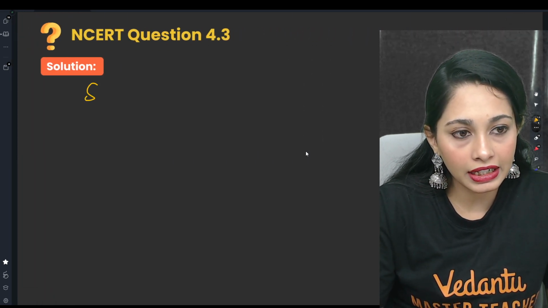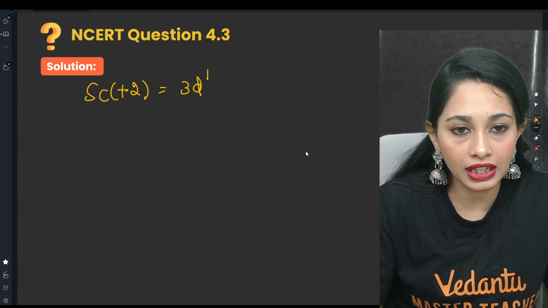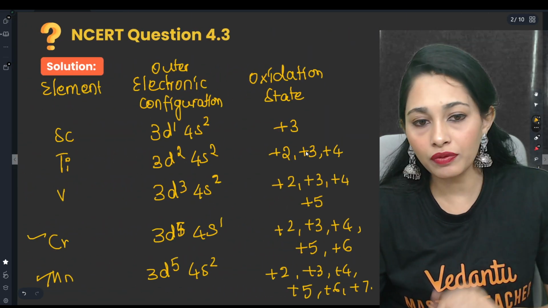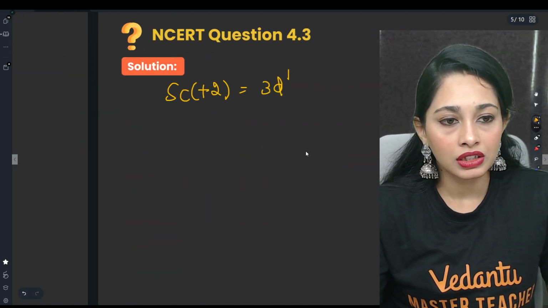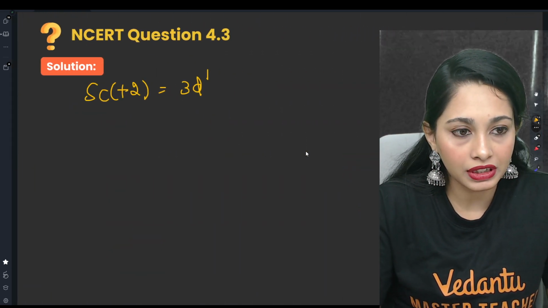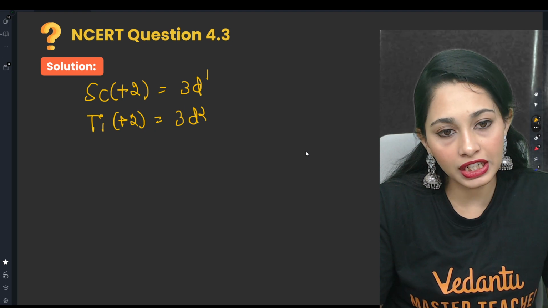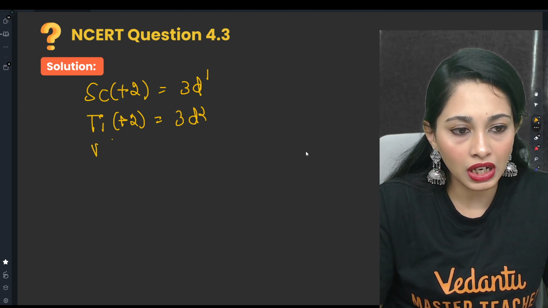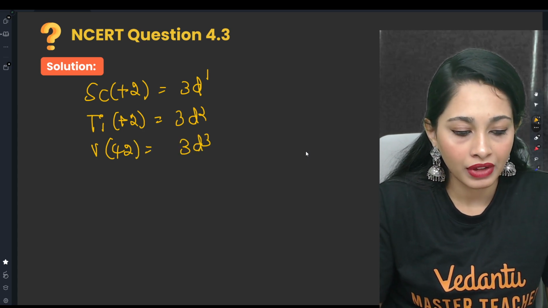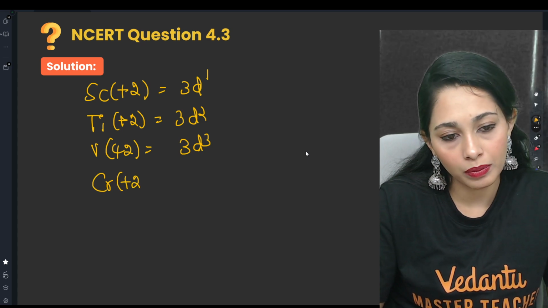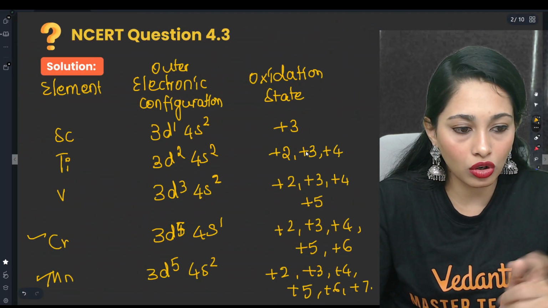So scandium 2+, the electronic configuration is going to be 3d1. See here, 3d1. 2 electrons are removed from 4s. Next we have titanium +2 oxidation state. So it is going to be 3d2. Then we have vanadium 2+, so 3d3.